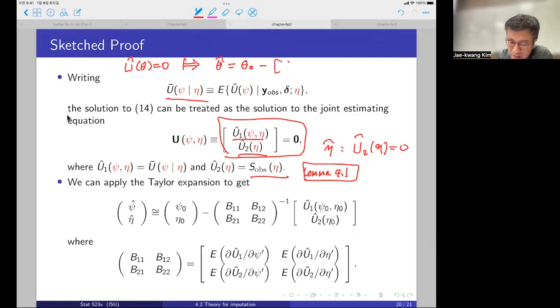Minus the expectation of the inverse of U hat, zeta 0. So this is actually Lemma 4.1.